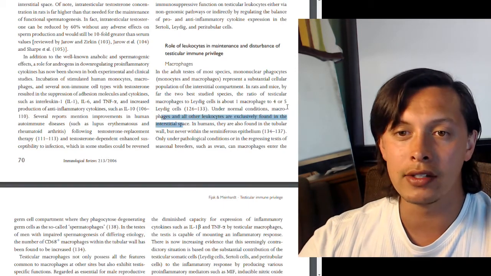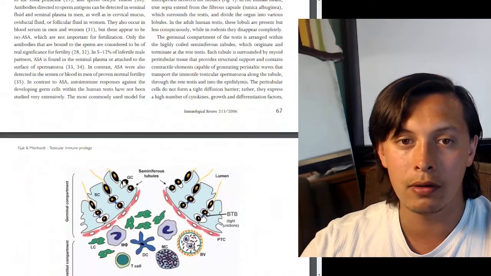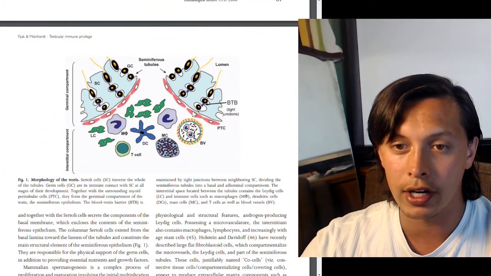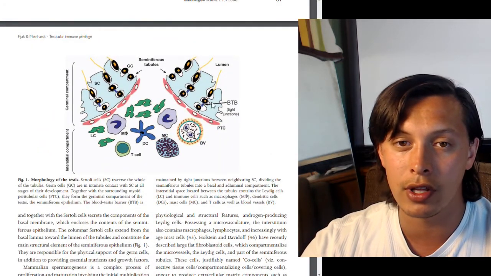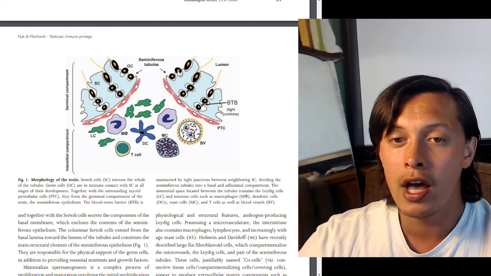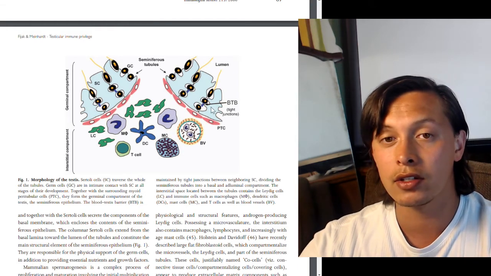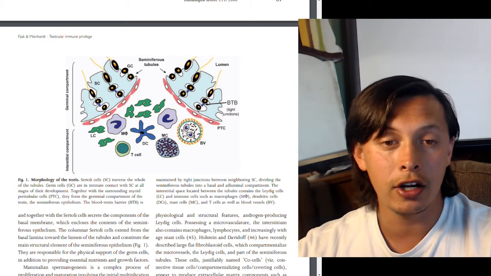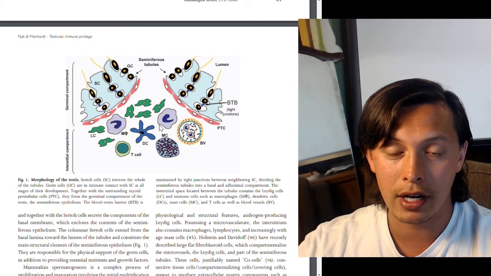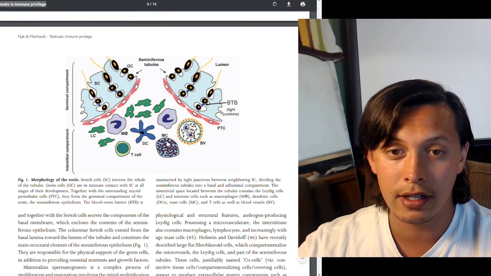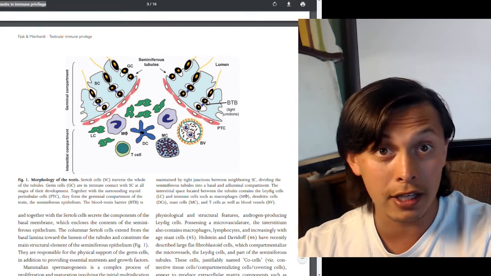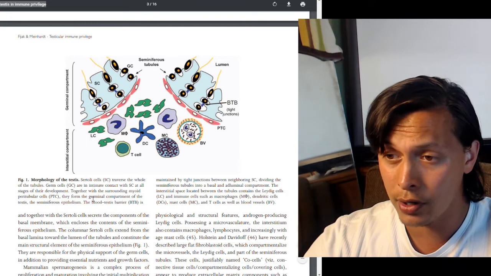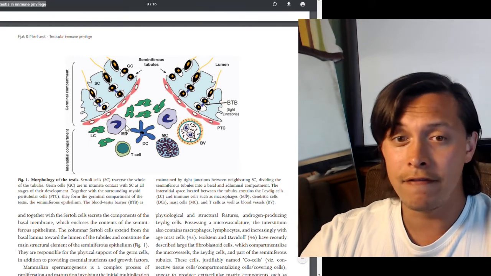So remember, here you have your blood testis barrier, and you have all these tight junctions within the Sertoli cells that protect the developing sperm and germ cells from the immune system. Well, if you're on this side, this is where you are going to find the immune cells.